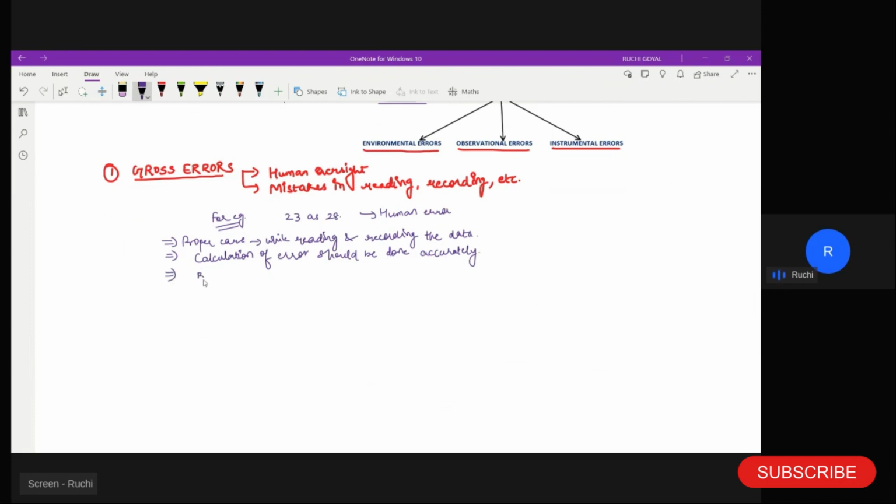By increasing the number of experimenters who are performing the experiment, we can improve that also. What else? If each experimenter takes different readings at different points, then we can take the average of all the values. In this way we can reduce the gross errors, right?